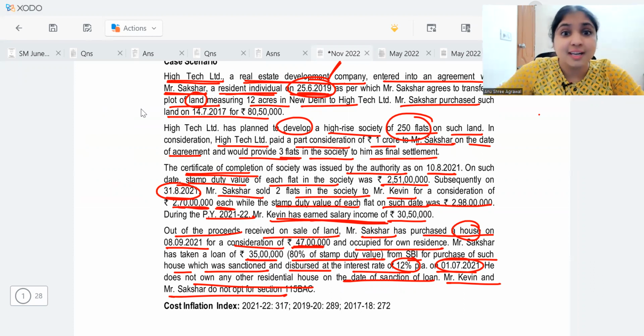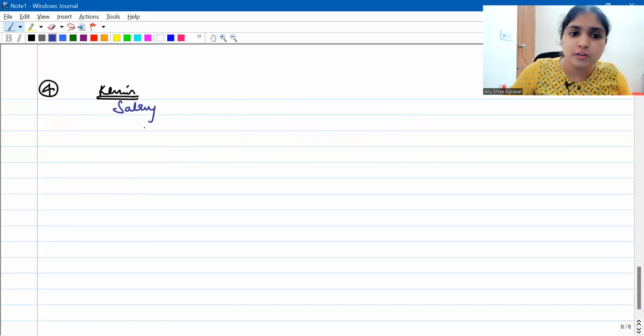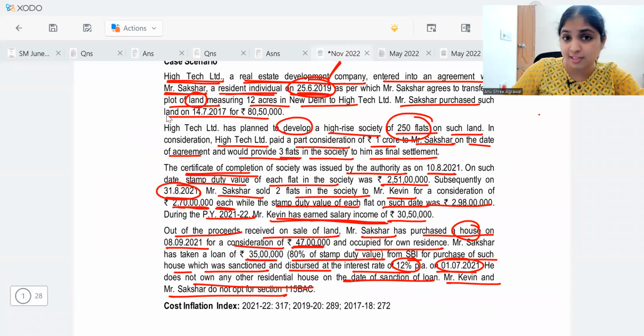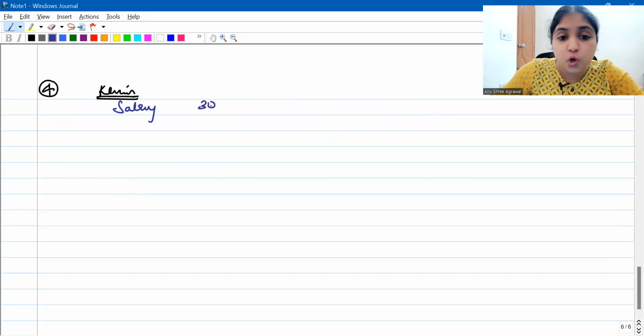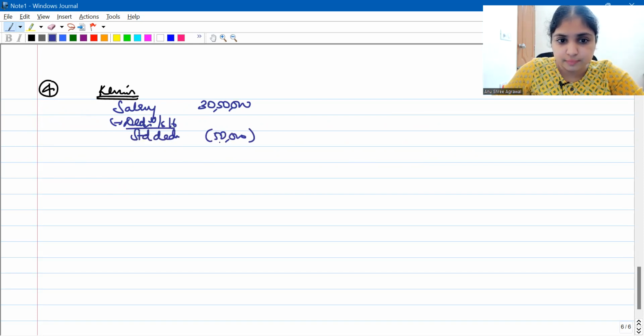Standard deduction. They do not use the word computed, so obviously the salary number given to us is without considering standard deduction. So his gross salary is 30,50,000. Less deduction under section 16, we will deduct standard deduction of 50,000. So Kevin's net taxable salary is going to be 30 lakhs.